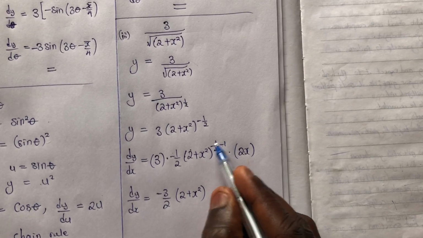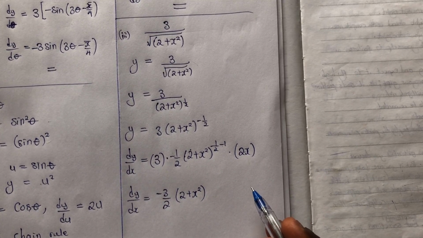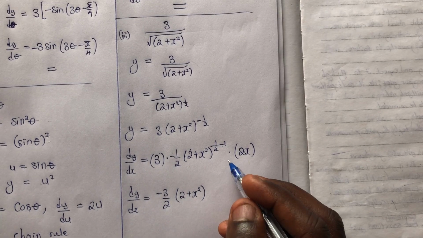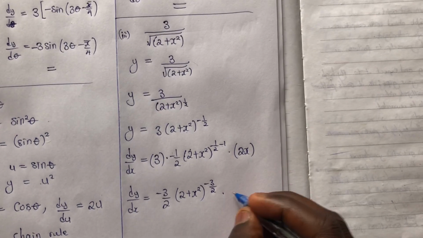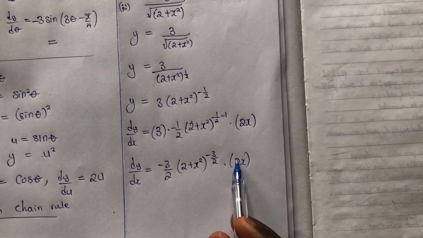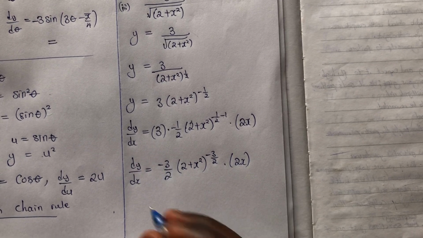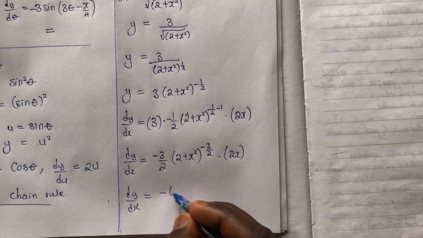Now you can punch everything here on the calculator to get your answer. You are going to get minus 3 over 2 multiplying 2x. Now this can multiply this to give us dy/dx being equal to minus 6x.